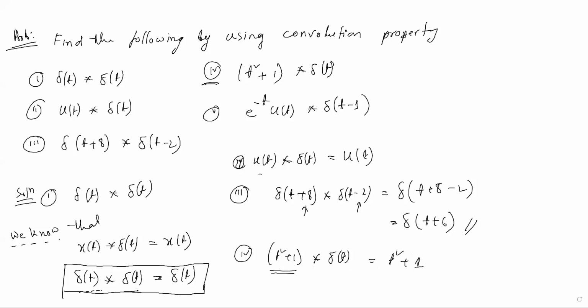Let me give two very important notes. As I have given, if you convolve delta t with delta t, it gives delta t only. But note 1, you should know very well: if you take the convolution between u of t and u of t, it will give r of t only.